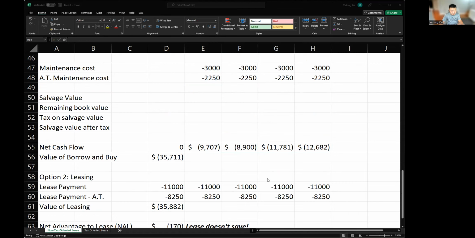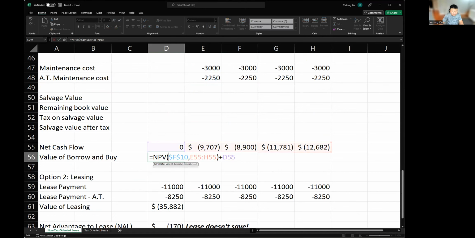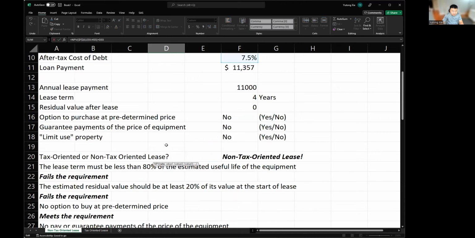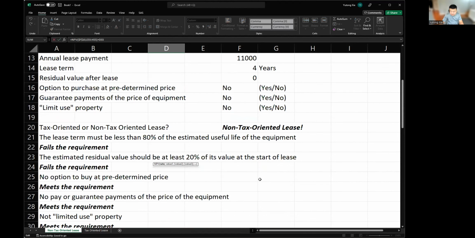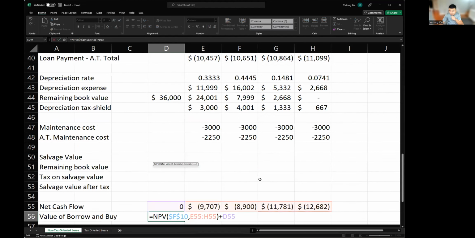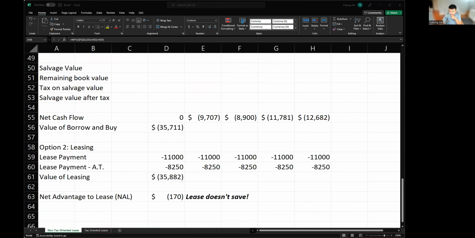Yep, these numbers are the same as what we did in class, and this is NPV, evaluated at 7.5%. Same thing. Okay, I got 35711.